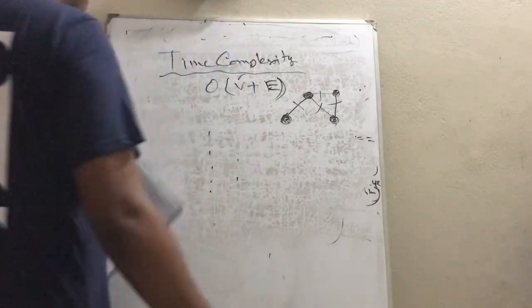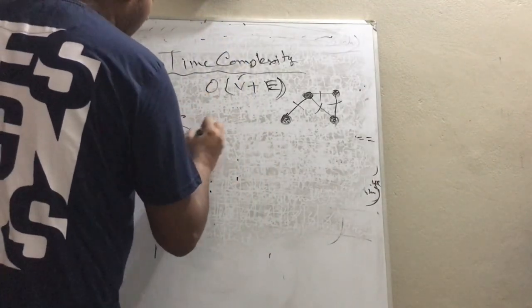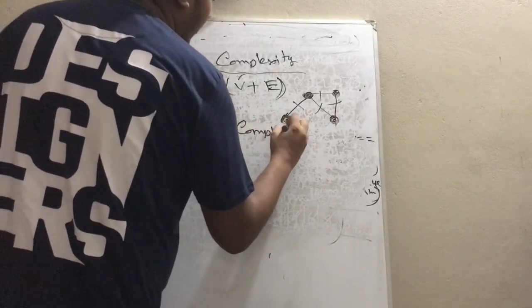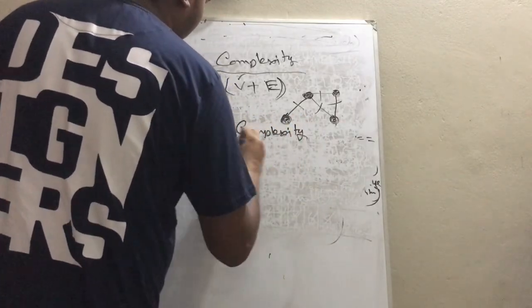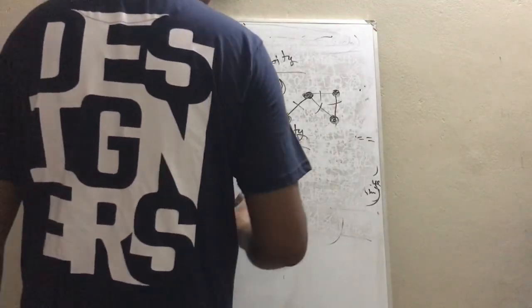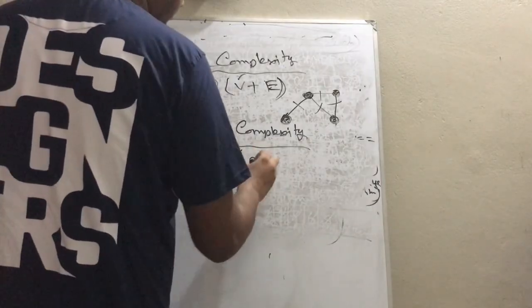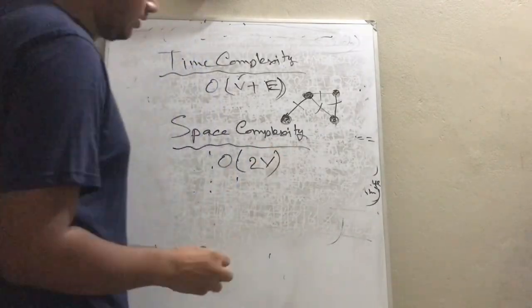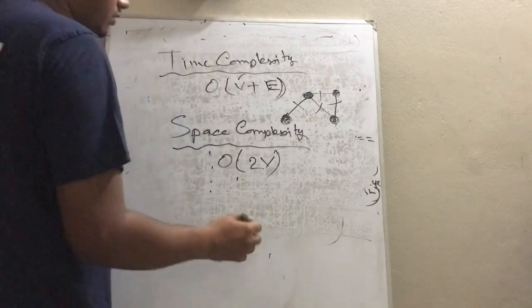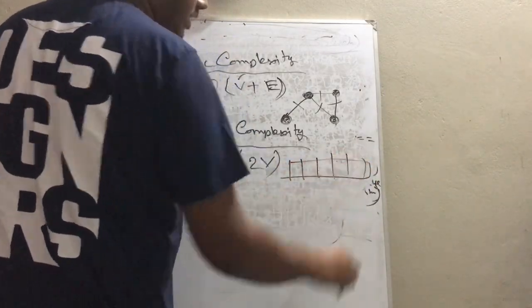What is the space complexity? Big O of 2V. Why? Because we maintain a Q. What is the maximum size?